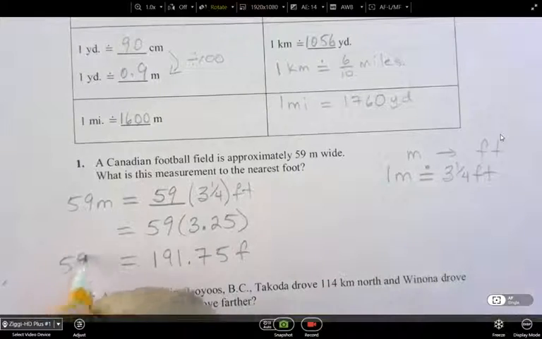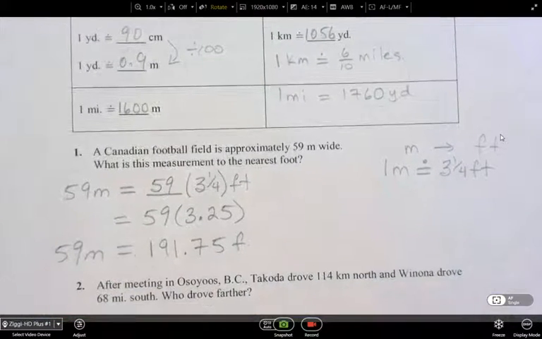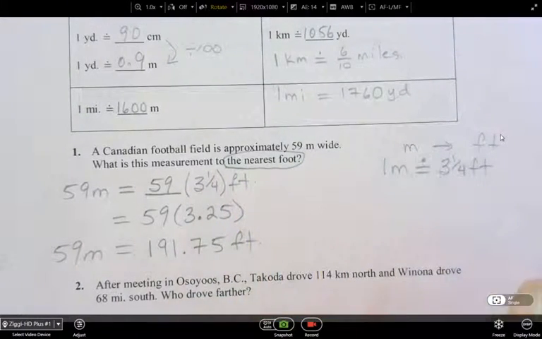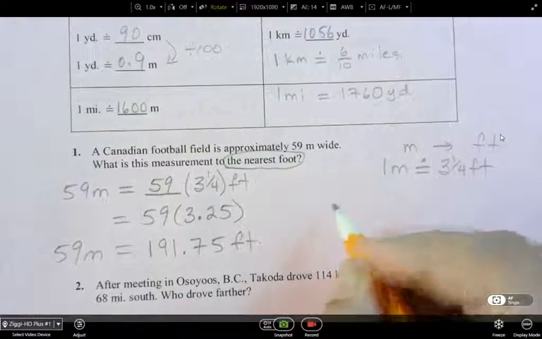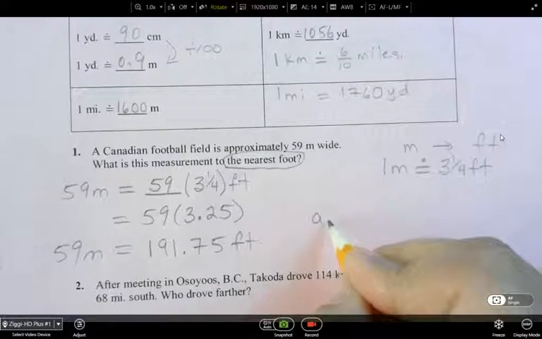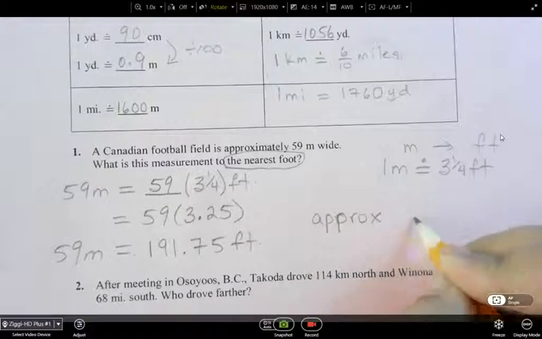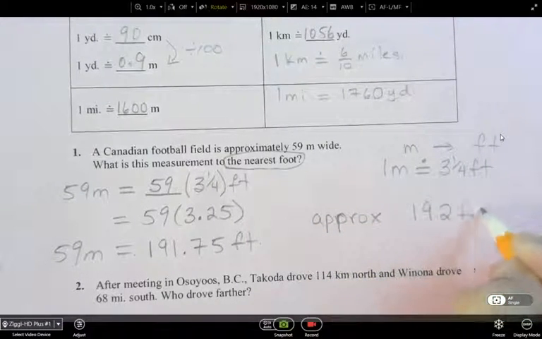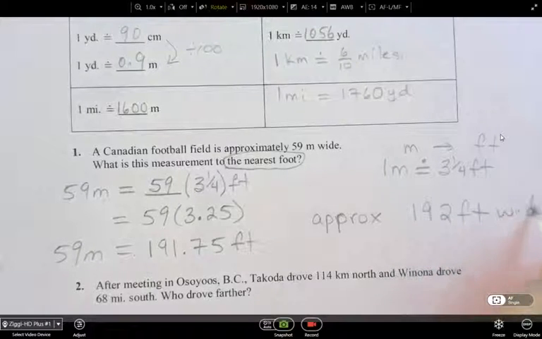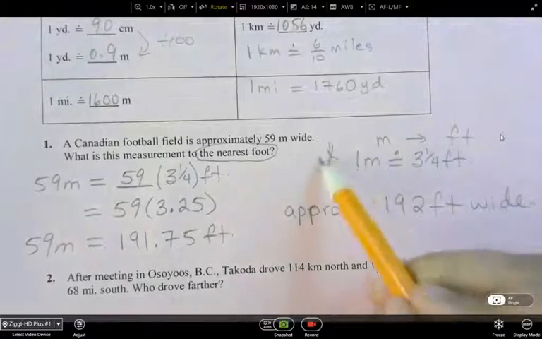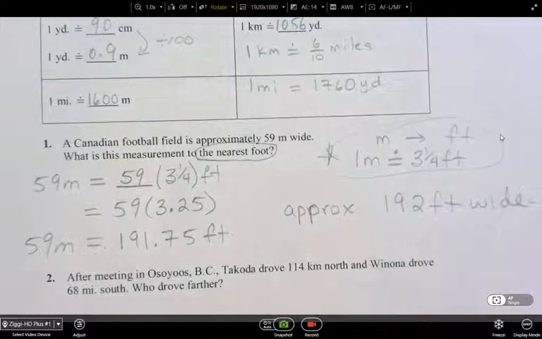So 59 meters is 191.75 feet. What is the question asking for? To the nearest foot. So that means I have to round it to the nearest whole number. So the football field is approximately 192 feet wide. Okay, so make sure that you have this written out.